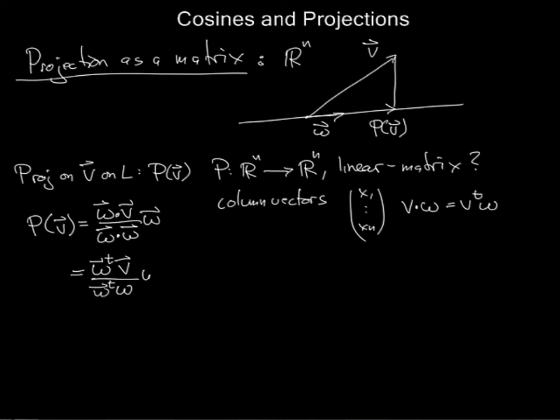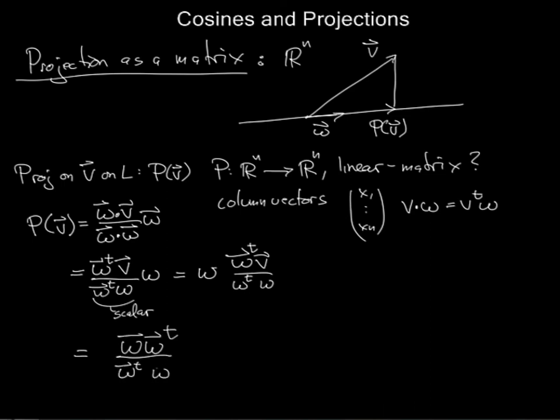That's a scalar times the vector w. And now we do this really clever thing, which is we put the w on the other side, which seems kind of trivial. Well, it is kind of trivial when we write it this way. But now we can pull the v out on the right and write this as w times w transpose over w transpose times w, all of this times v.